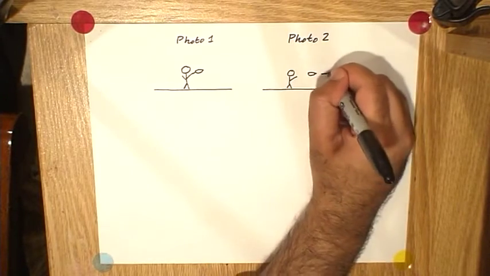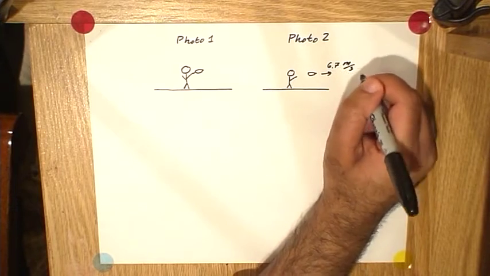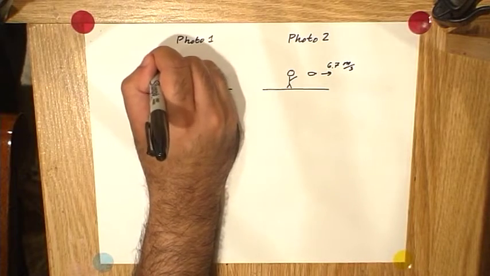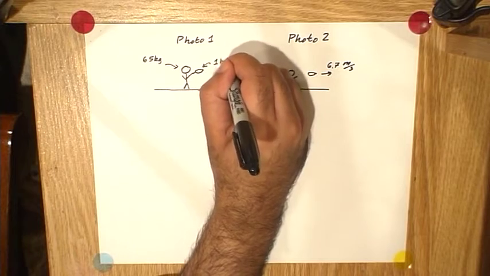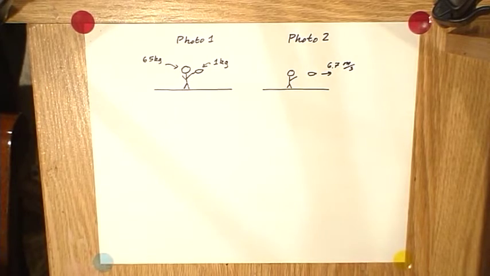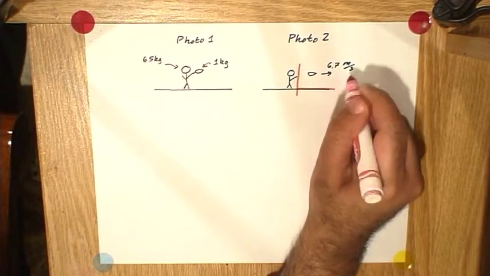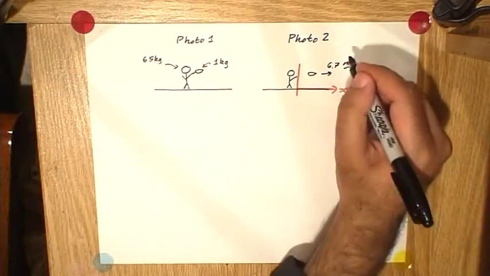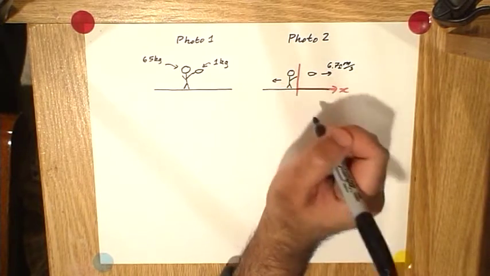The person throws the football at 6.7 meters per second. The mass of the person is 65 kilograms. The mass of the football is 1 kilogram. I'm going to set rightwards as positive. So the final velocity of the football is 6.7 i hat meters per second.